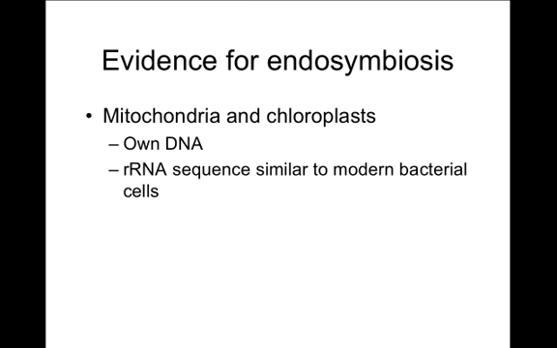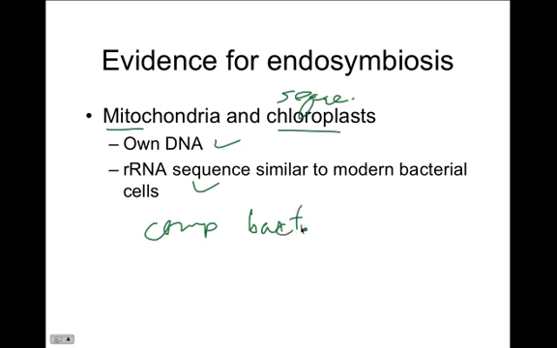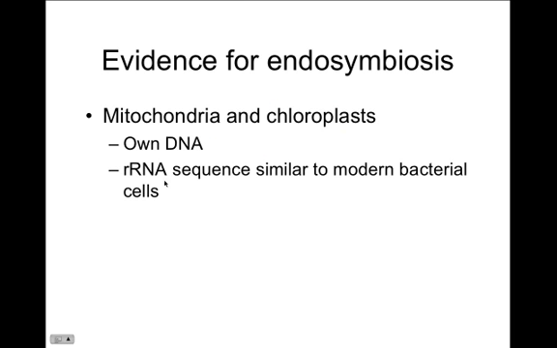What we know, when we look at the evidence, we look at the sequence of the DNA, we look at the sequence in terms of the RNA, in terms of the nucleic acids, mitochondria and chloroplast. We're going to compare that with bacteria. And when we find those comparisons, we find that similarities are too unique to think that they were anything different. So this is what we're looking at in terms of evolutionary biologists, or more specifically evolutionary microbiologists, because we're looking at a very small scale.